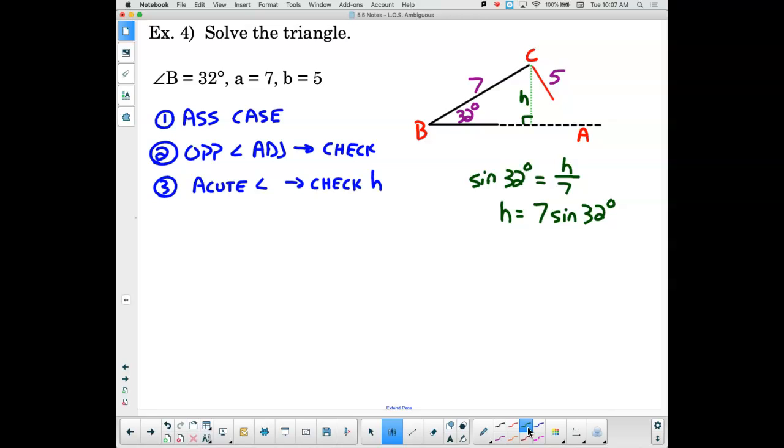SOHCAHTOA again, because it's a right triangle. H is going to be equal to 7 sine of 32 degrees. So I get an H value here of 3.709. And so if I compare my opposite side to my height, my opposite side now is going to be bigger, which means two triangles get formed.